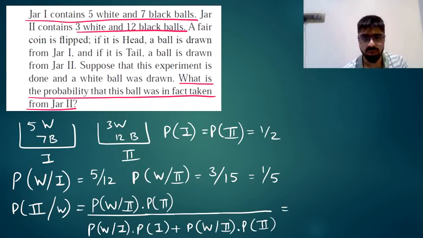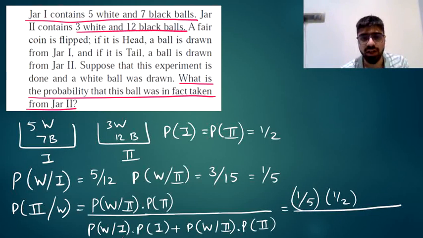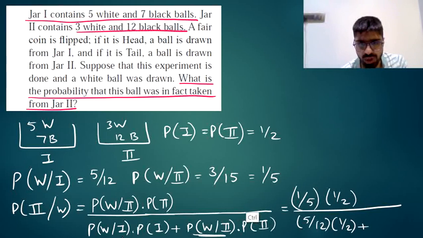Now, if you start substituting the values and try to evaluate, you will get the final answer. So P of W given 2, that's 1 by 5. P of 2, that's half, divided by P of W given 1, which is 5 by 12, into half, plus P of W given 2, which is 1 by 5 into half.